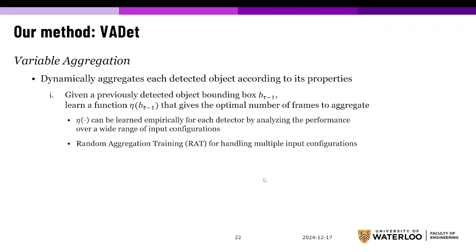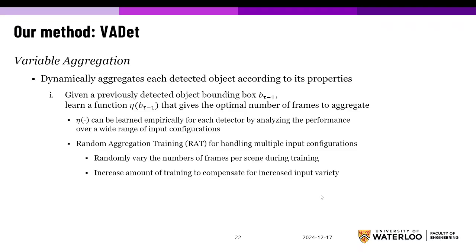So what we end up doing instead is we propose a training technique called random aggregation training, or RAT, in which we train a single model that can handle multiple input configurations at once. So in the end, we can just evaluate that model using different inputs. And this is done very simply by randomly varying the number of frames per scene during the training.